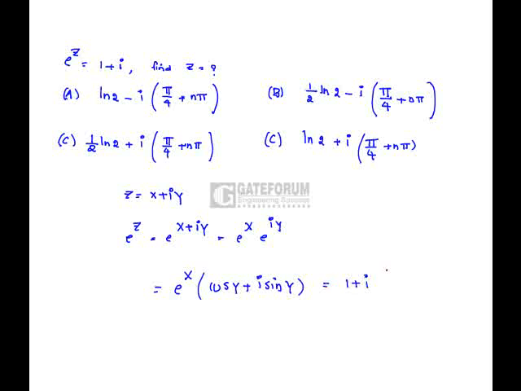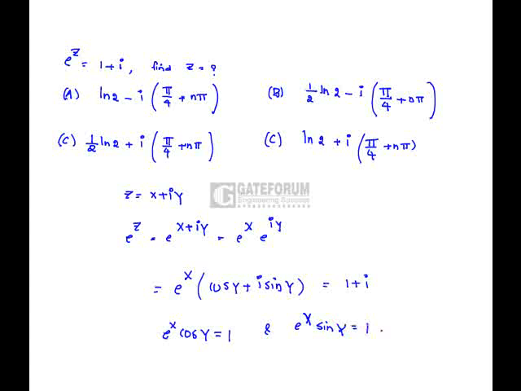If we compare LHS and RHS, we get e power x cos y as 1 and e power x sin y equals 1.